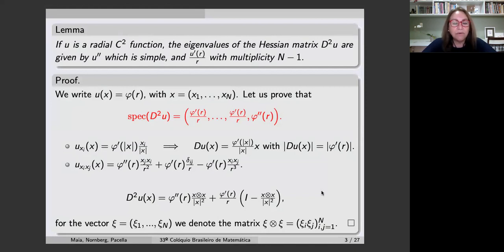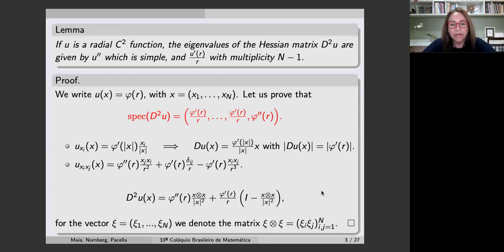We write u(x) as phi of r, a function of r, where x is a vector in R^n, and we are going to prove the spectrum of the Hessian matrix at x. First, take the derivatives with respect to x_i. So u derived with respect to x_i is phi'(r) times x_i divided by the norm of x.